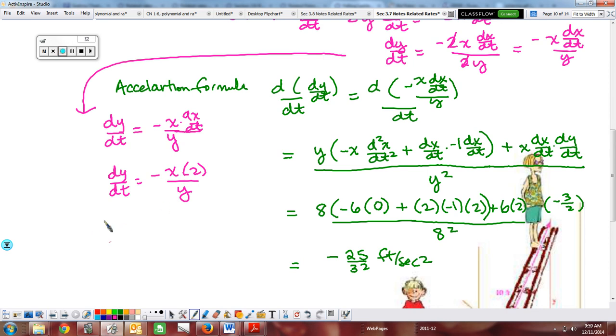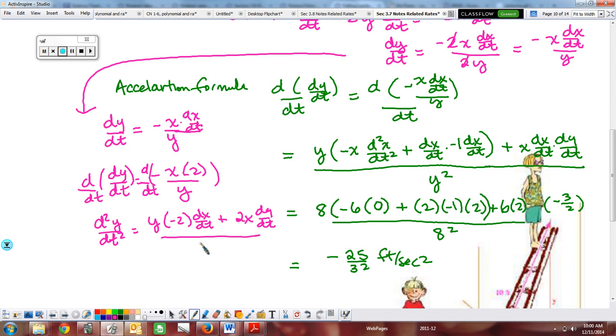So now when I take the derivative with respect to t of both sides, I get the second derivative of y with respect to t squared. I still have to use quotient rule, but that's a constant, which makes it a little easier. Low d high minus high, so it ends up being plus d low all over low squared.